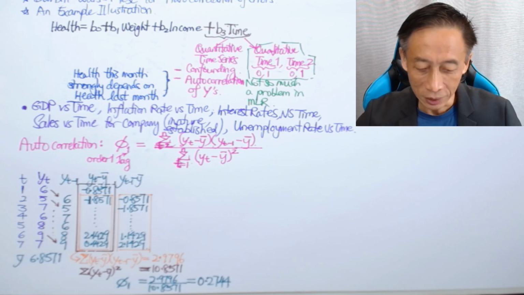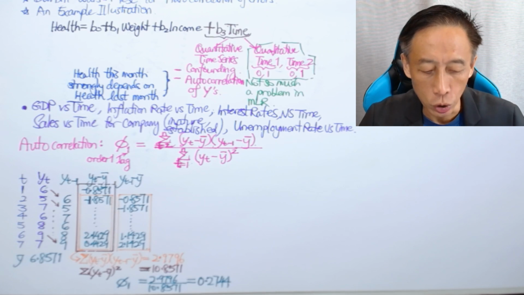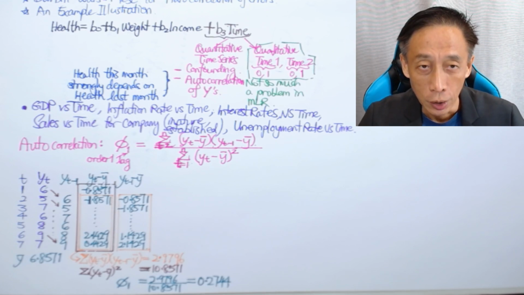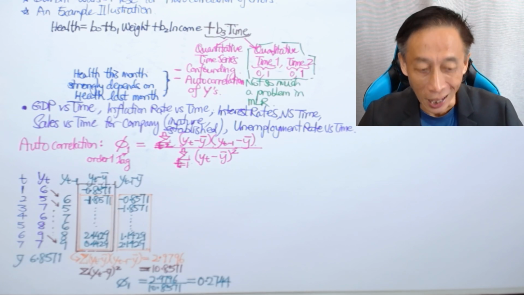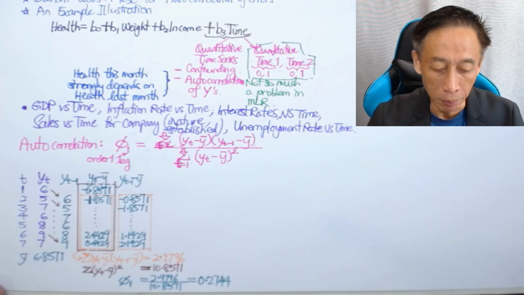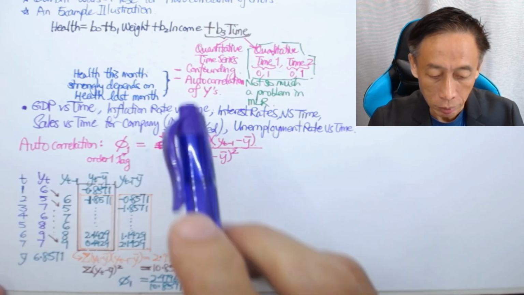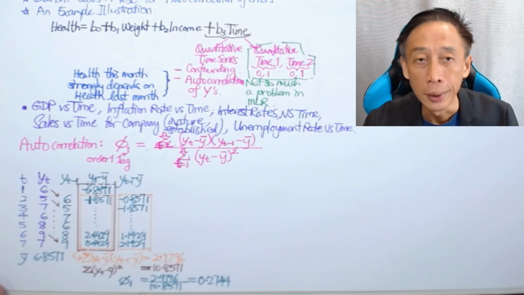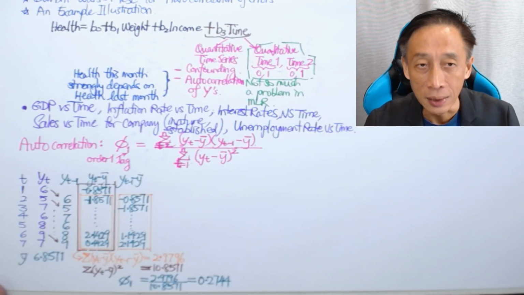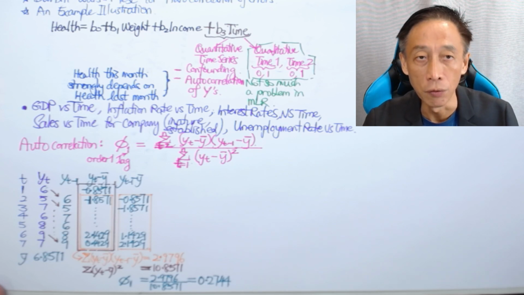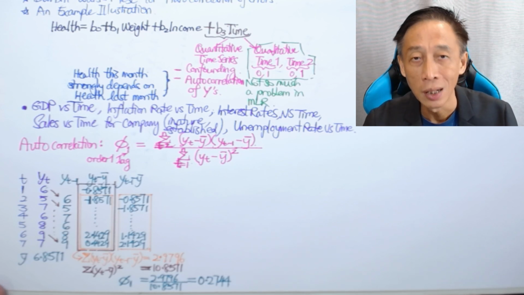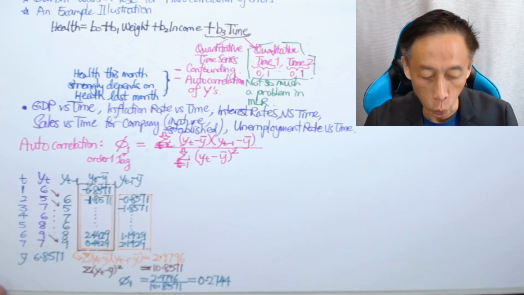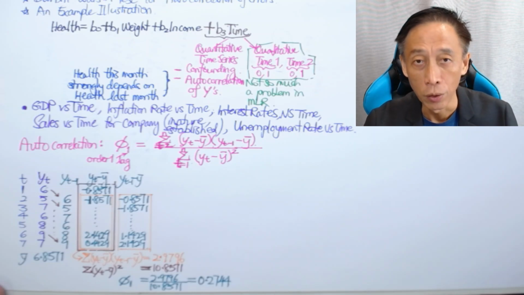Okay, next, let's look at a test that would allow us to gain an understanding of whether our model, an example model, has issues involving the residuals having autocorrelation with their previous error.